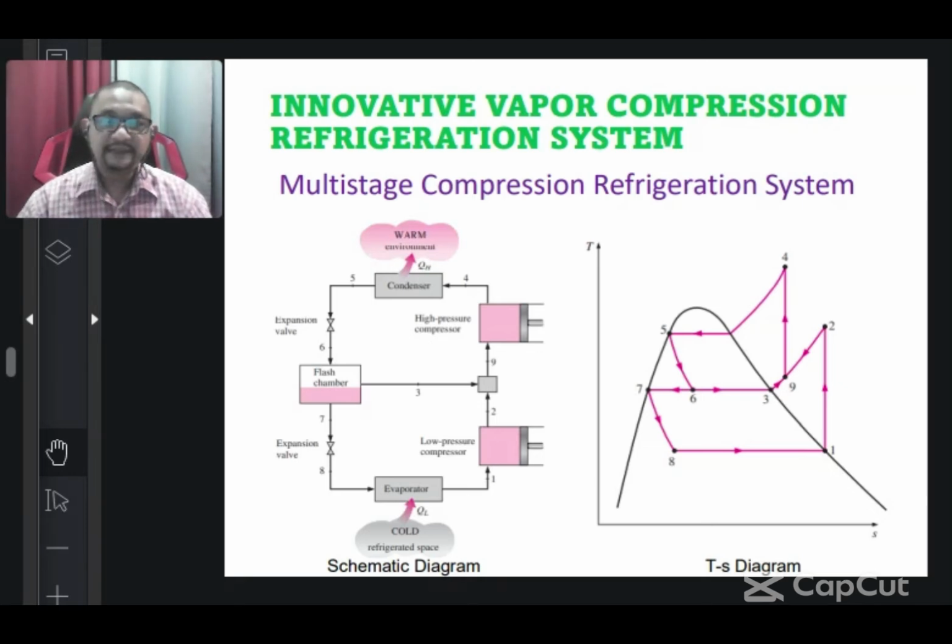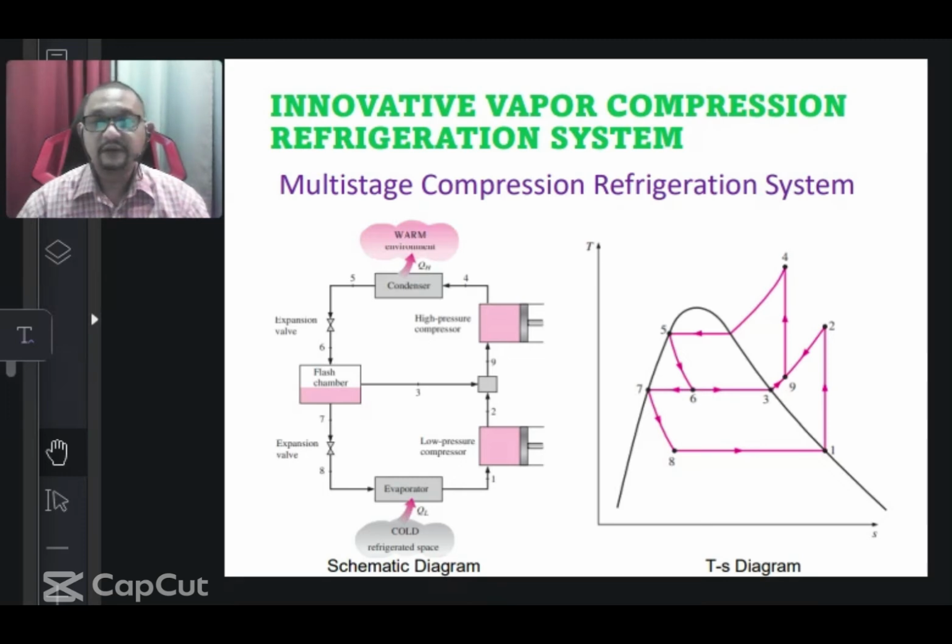The compression process in this system resembles a two-stage compression with intercooling, and the compressor work decreases. Care should be exercised in the interpretation of the area on the TS diagram, since the mass flow rates are different in different parts of the cycle.